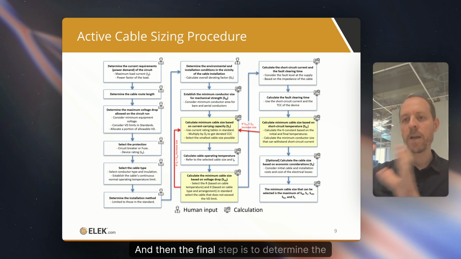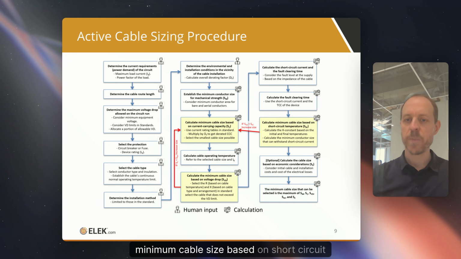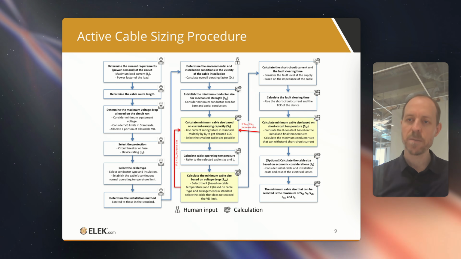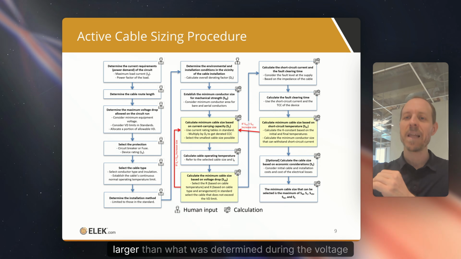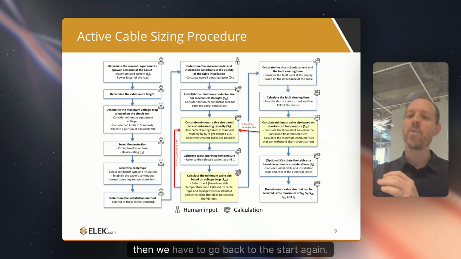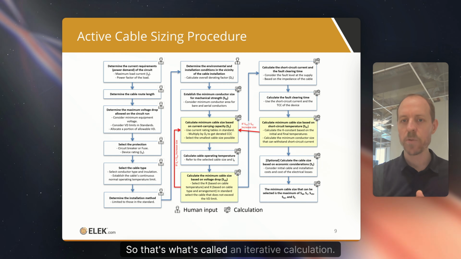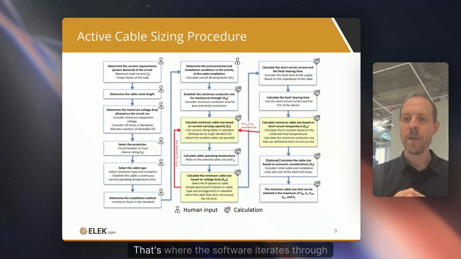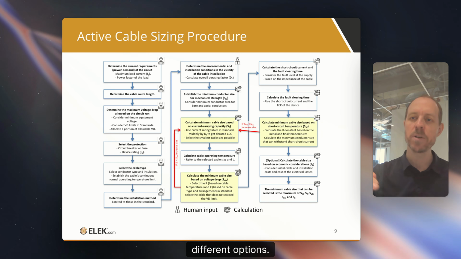And then the final step is to determine the minimum cable size based on short circuit performance. And if it so happens that that size is again larger than what was determined during the voltage drop stage, then we have to go back to the start again. So that's what's called an iterative calculation. That's where the software iterates through different options.